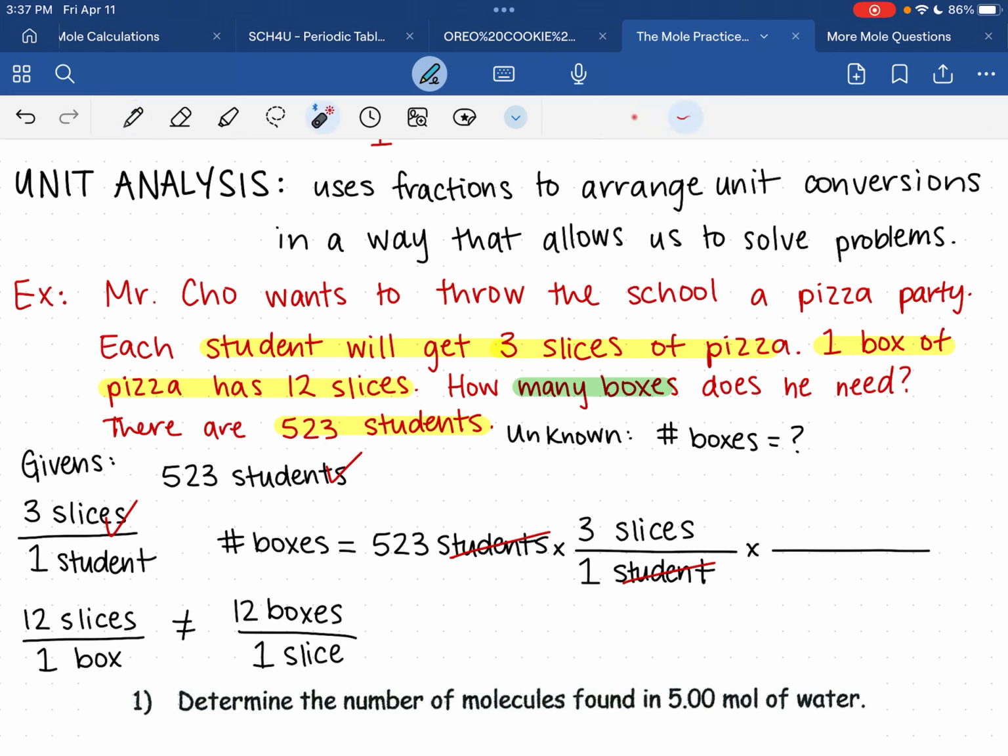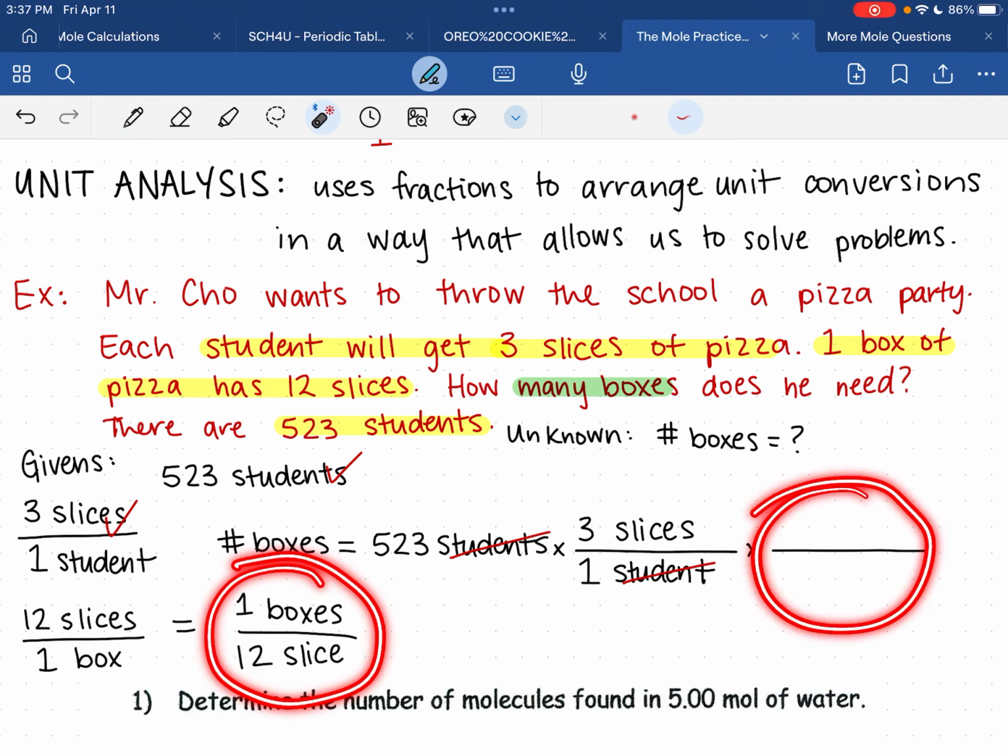The unit slices is attached to that 12, so we can't write our fraction like this. We have to flip the numbers and the units. So we have one box per 12 slices. Now we can say that, yes, those are equal.